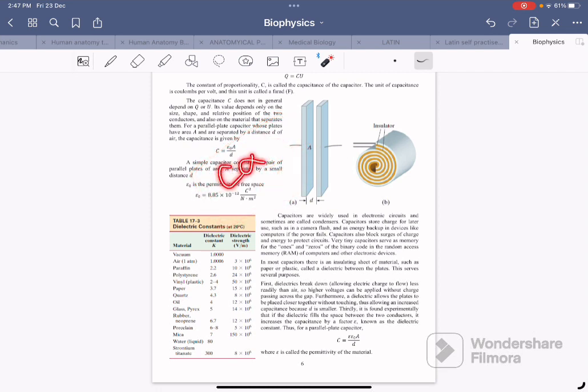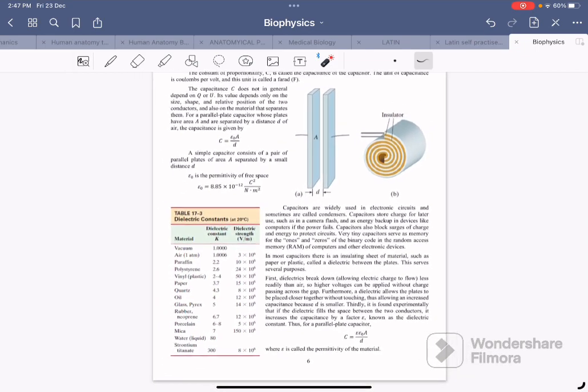And if the capacitor plates have a greater surface area, then the capacitance also increases. All right, that is the main idea.